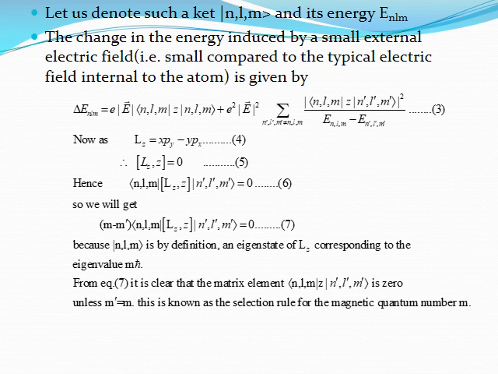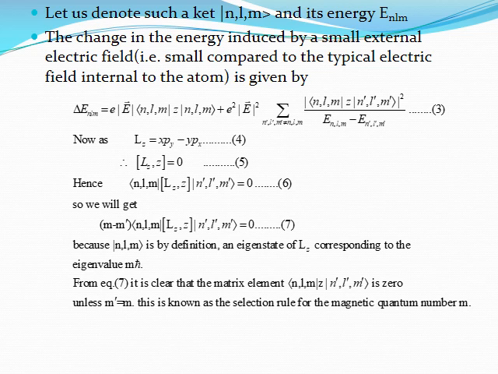The change in the energy induced by a small external electric field, that is small compared to the typical electric field internal to the atom, is given by the expression ΔEnlm = e|E|⟨nlm|z|nlm⟩ + e²|E|² Σ |⟨nlm|z|n'l'm'⟩|² / (Enlm − En'l'm'). Equation 3.